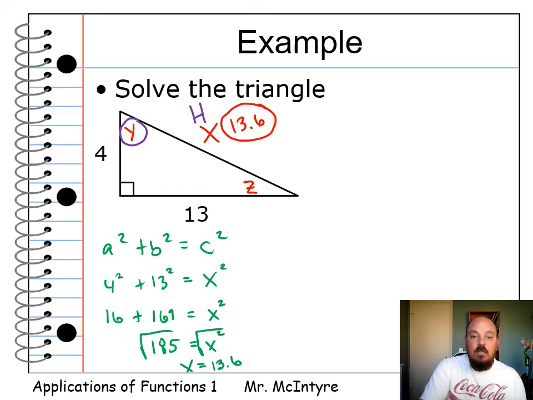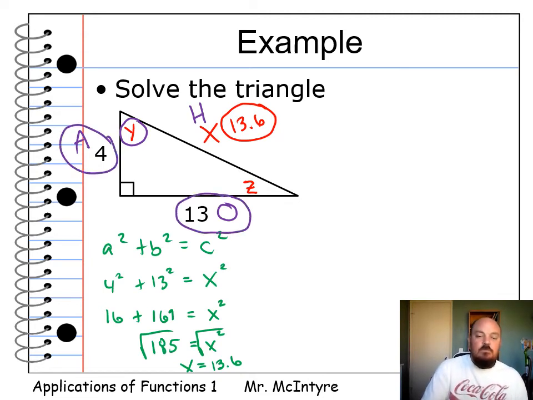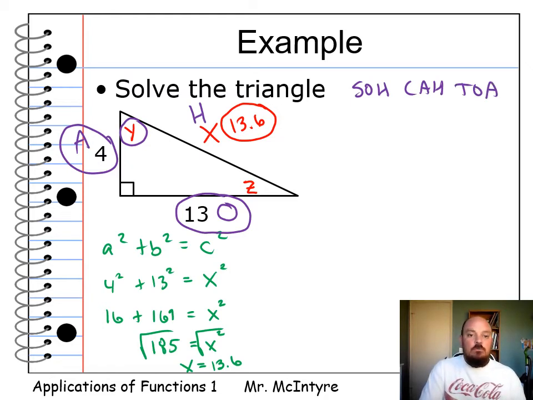So let's say we're going to find angle y. If I'm finding angle y, that makes 13 opposite. Because remember, after you pick the angle that you're talking about, that's how you choose opposite and adjacent. And then that would make the 4 be the adjacent. So let's use the original numbers from the question. Let's use the 4 and the 13. Now from SOHCAHTOA, I'm trying to use O and A. That makes this a tangent question.